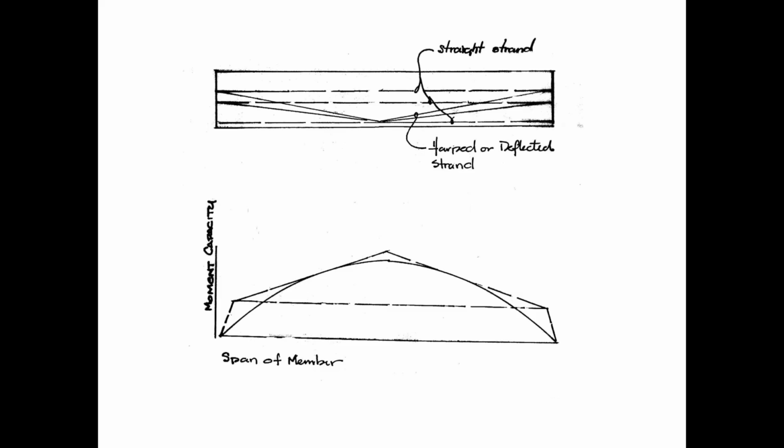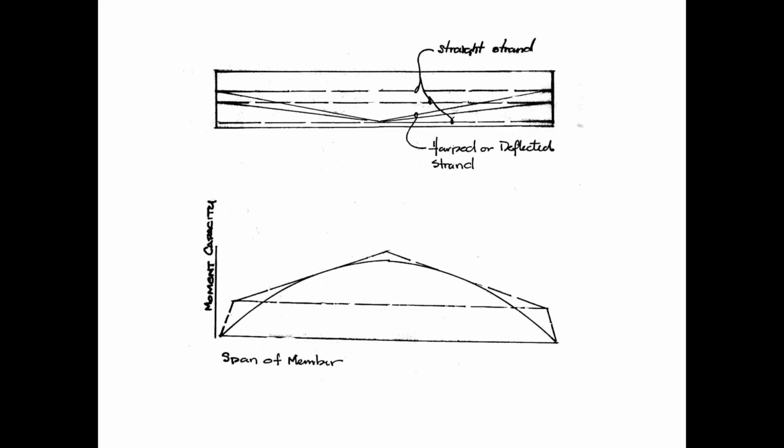All right, the straight lines that form kind of a tent shape that go up to a peak at the center represent the moment capacity of the beam when the strands are draped. So the further down in the cross section of the beam the strands are located, the more moment capacity we get out of those strands. That's why the moment capacity is flat for the straight strands, because they're at the same elevation in the beam throughout the length of the beam.